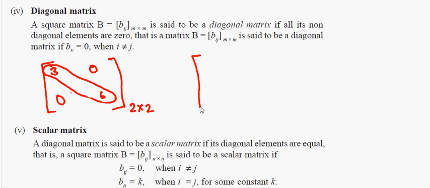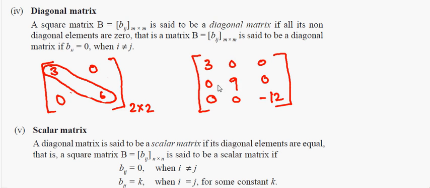If I take, for example, a 3 cross 3, say 3 0 0, 0 9 0 and 0 0 minus 12, only the diagonal elements are non-zero numbers. All other elements other than the diagonal elements are 0. So this is a diagonal matrix of order 3.